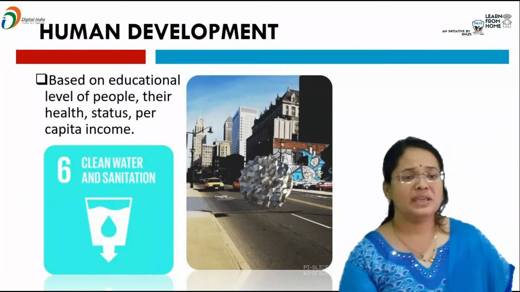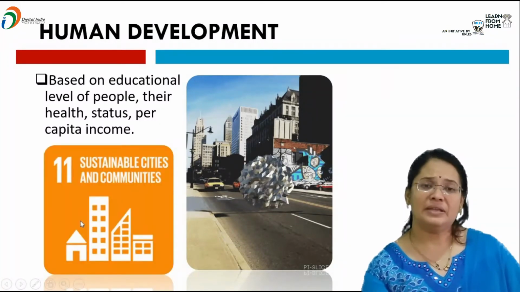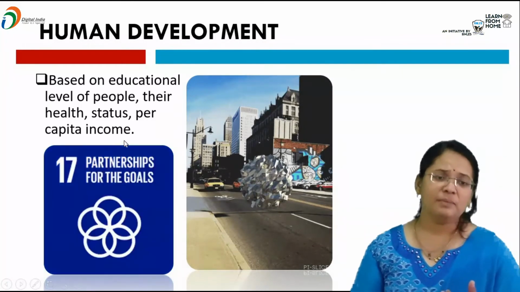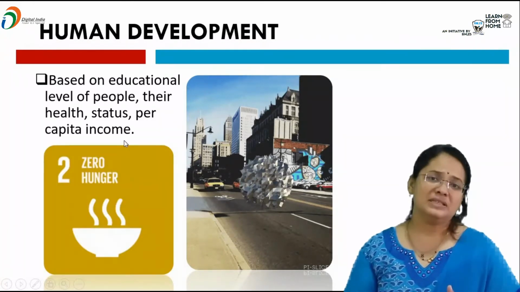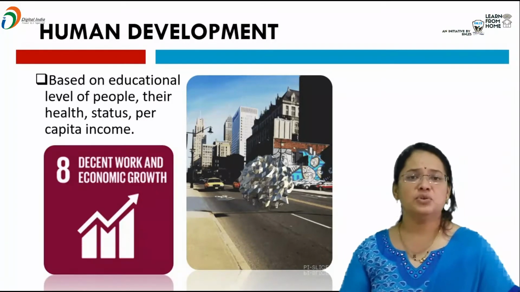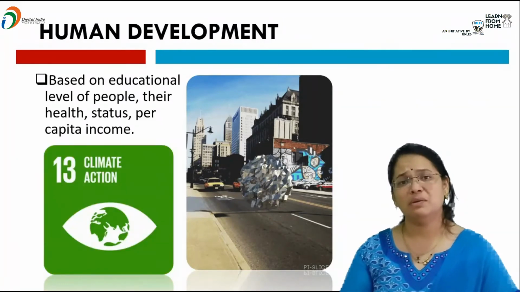Yes. Life and development should be maintained parallelly. That is based on the education level of the people, their health status and income. Means the income of the person, the health status and the educational qualification will decide the human development.